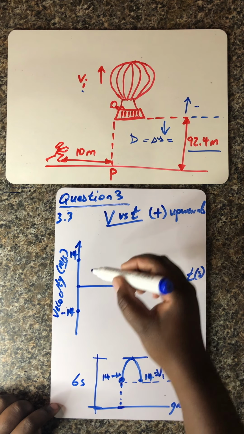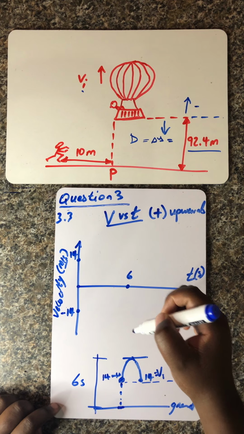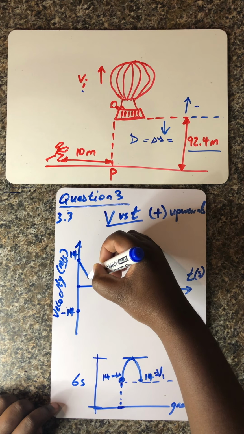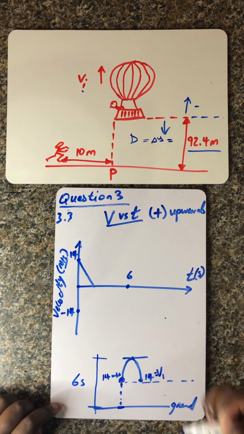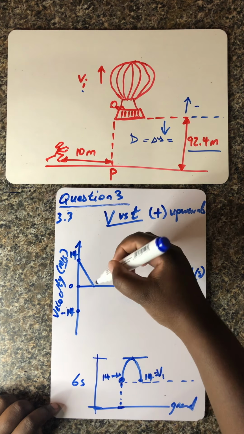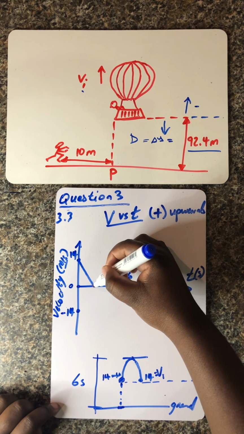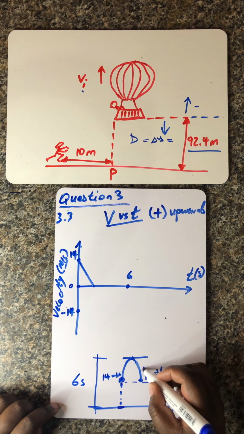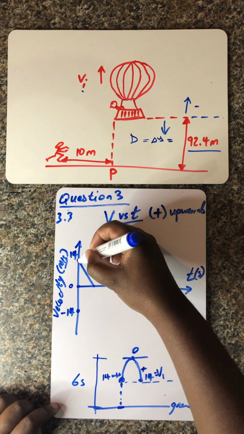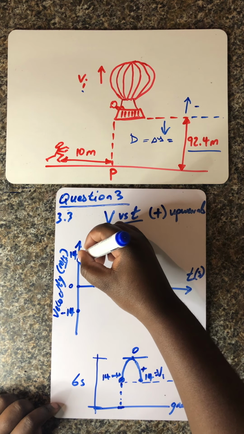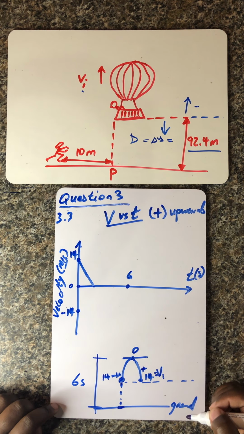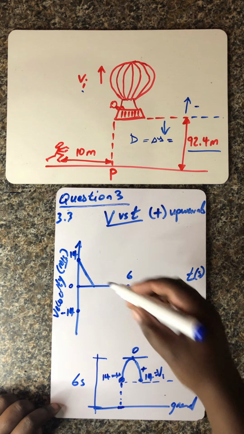It means this object went up, and as it goes up, its velocity decreases until it's 0, and then from there it comes down. Remember, it goes up, its velocity is positive, but it decreases until it's 0. From 14 meters per second, as it moves, its velocity decreases until it's 0. Very, very much important, ladies and gentlemen.